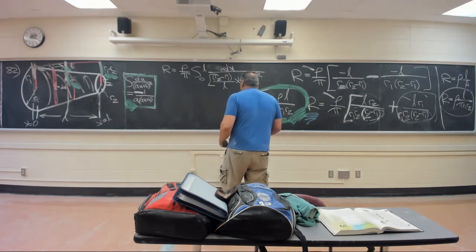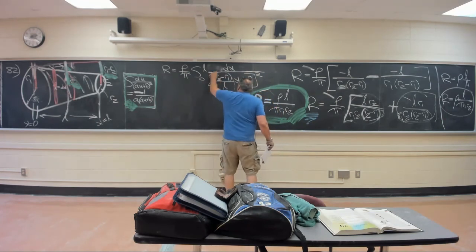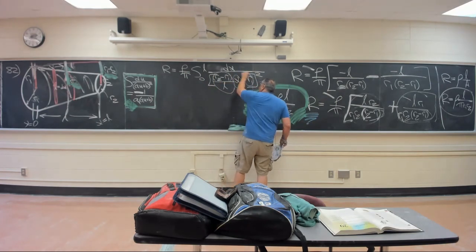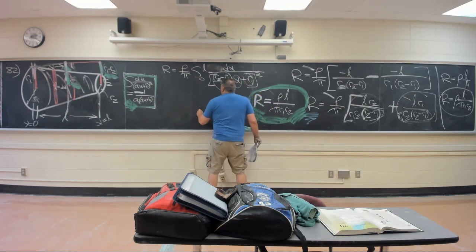If you do that, this is the A, this is the U, this is the B. You get R2 minus R1.